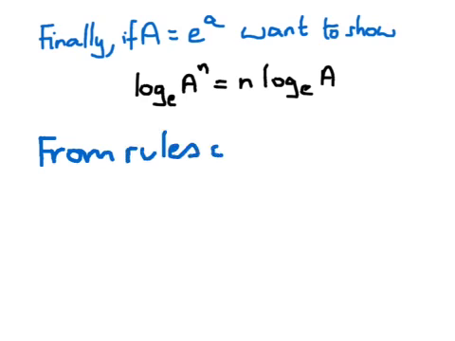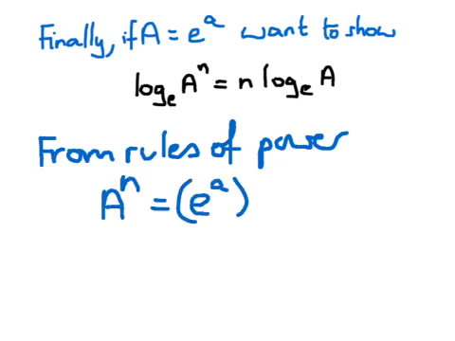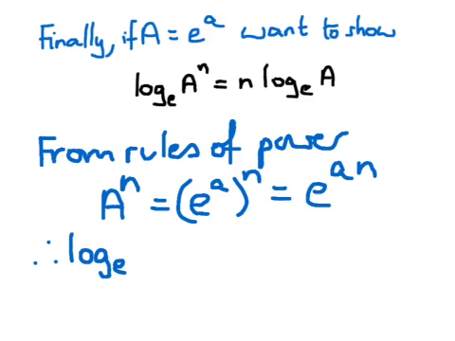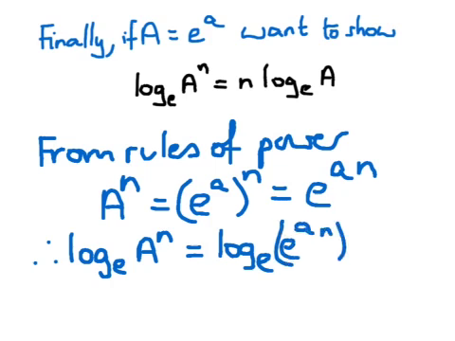we can substitute A to the n, and it's e to the a all to the n, and that just tells us that we need to multiply these powers together, so it is e to the a times n. So therefore the logarithm to the base e of A to the n is the logarithm to the base e of e to the an, so it is therefore just this power here, so it is just a times n.